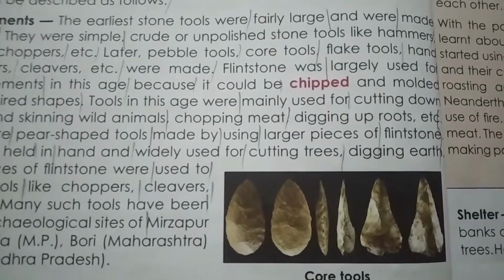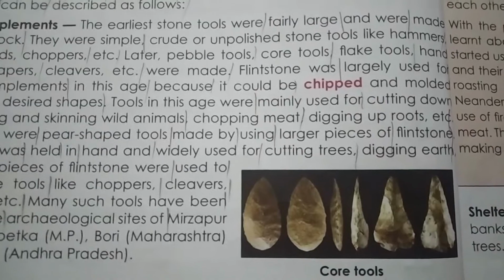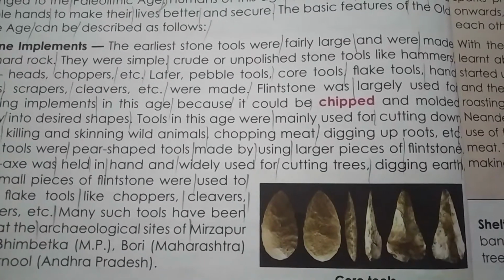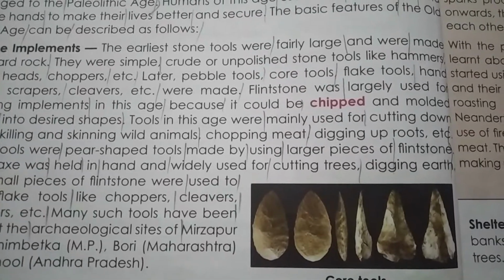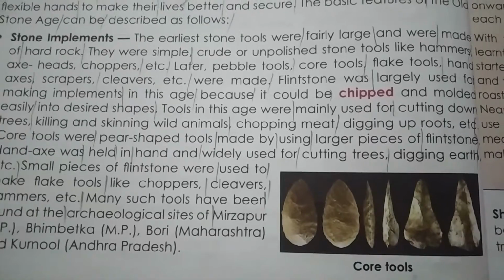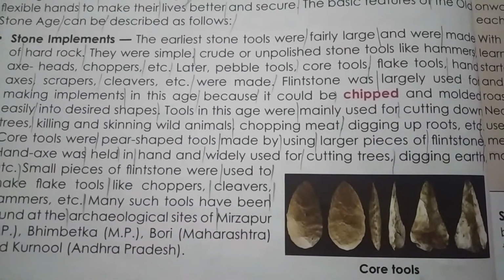Now we have different tools, and every tool has its own shape. But in those days, they did not have any shapes at all. They simply sharpened it a little bit and used it. It was not in a proper shape or in a polished manner.